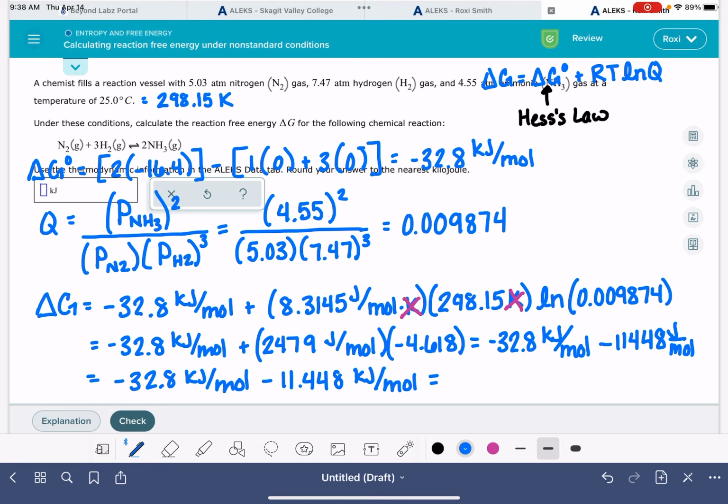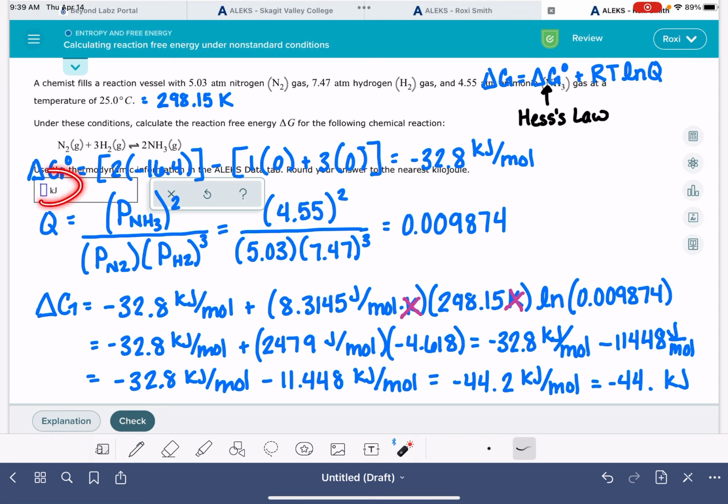And that is going to give me an answer of negative 44.2. ALEKS says that it wants the answer to the nearest kilojoule. So assuming that I didn't make any calculation errors, any rounding errors, things like that, there's my answer.